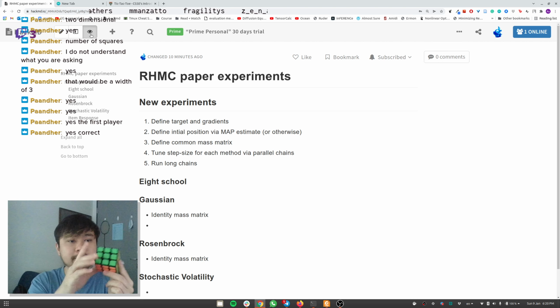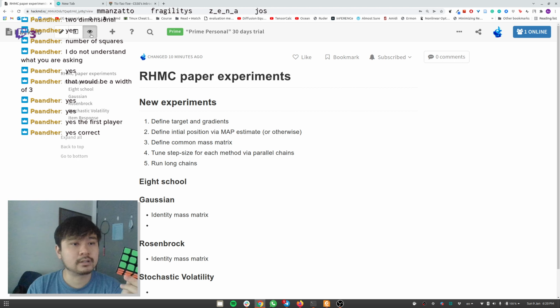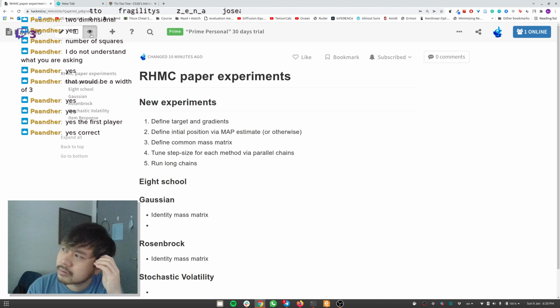If I look at the 3-dimensional case, maybe I should think about... Hold on. Give me a moment. This is actually quite tricky. Yeah, I don't even know how to go about this.